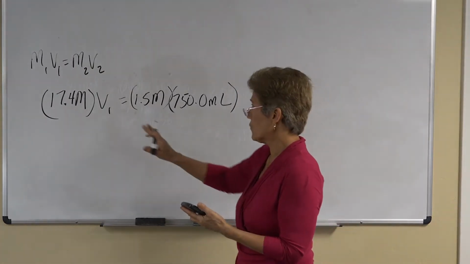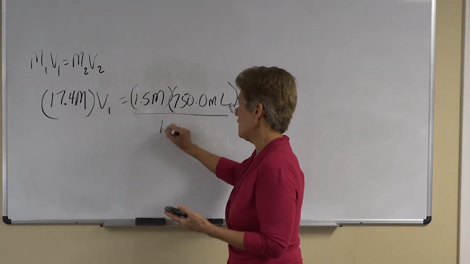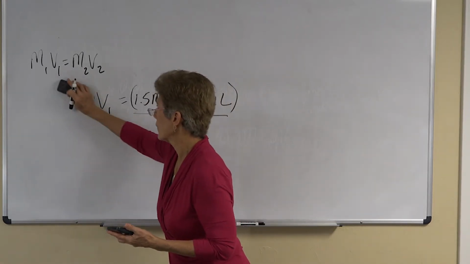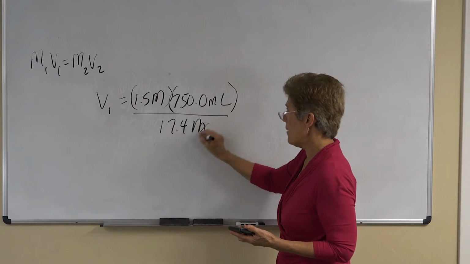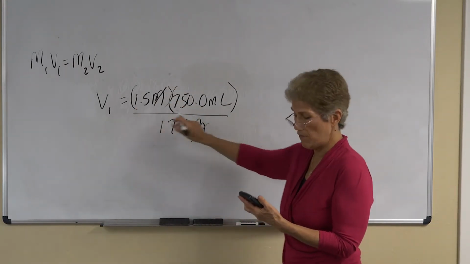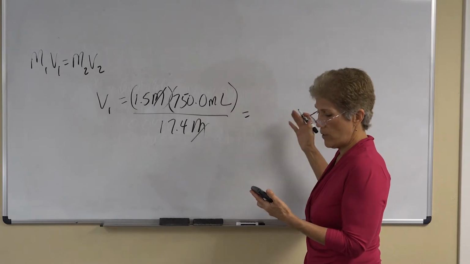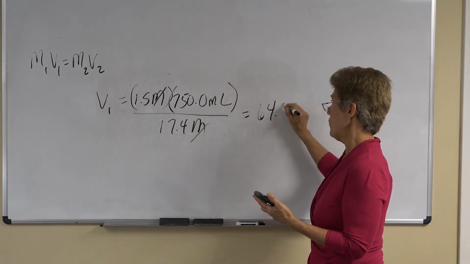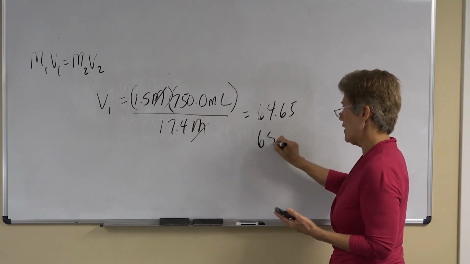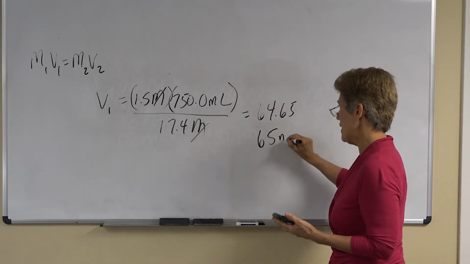Now I want you to notice what I did was I divided both sides by 17.4 molar. When I do that, my molarity will leave. The answer that comes out of my calculator, I need 2 significant figures, is 64.65. I need 2 significant figures, so this is going to be 65, and what's left is mils.